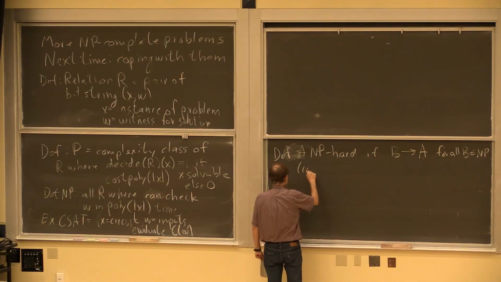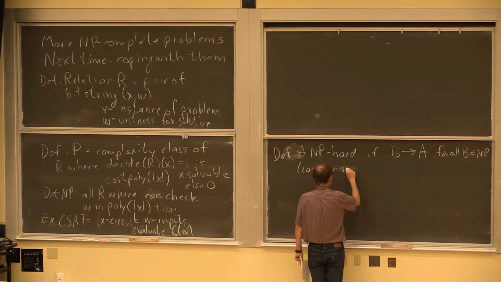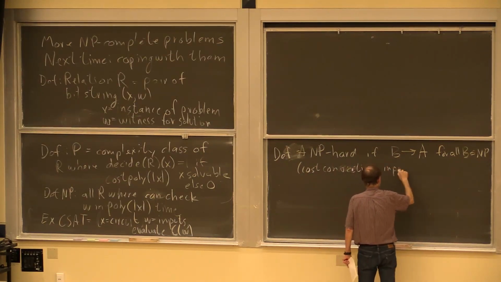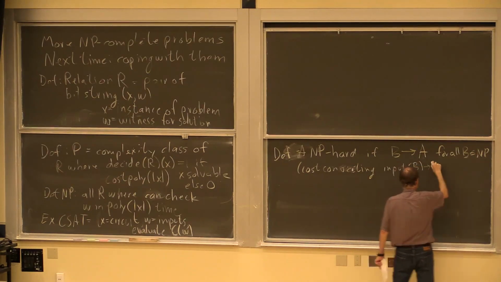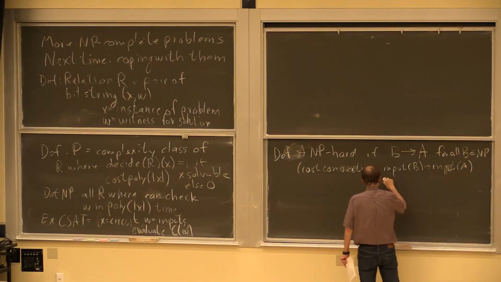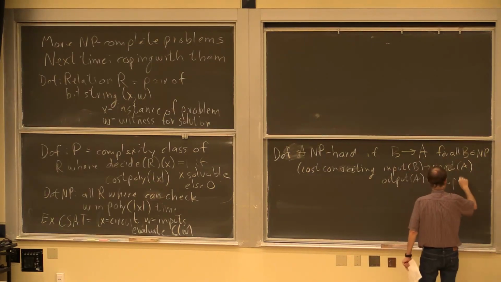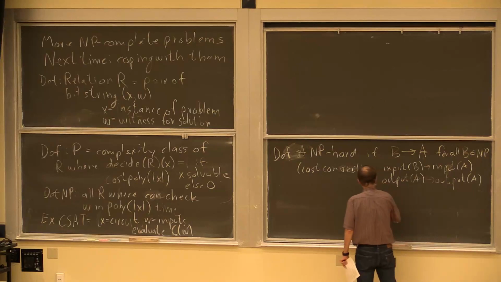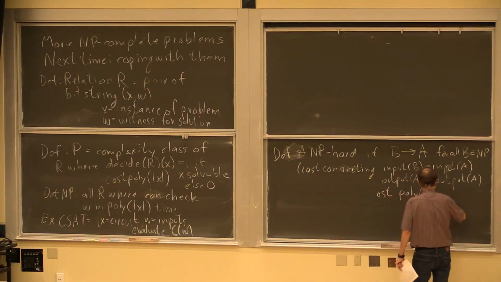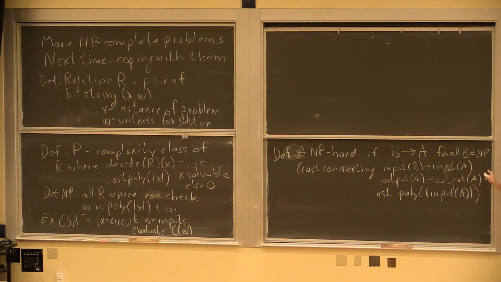And what we're assuming here is, of course, we have to convert the input of B to the input of A, so you can run the subroutine for A. And we have to take the output of A and convert that to the output of B, and those both have to cost polynomial time in the input of A. Okay, so that's what it means to be NP hard.